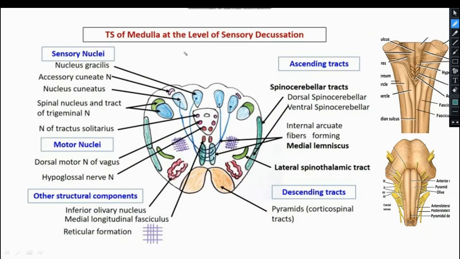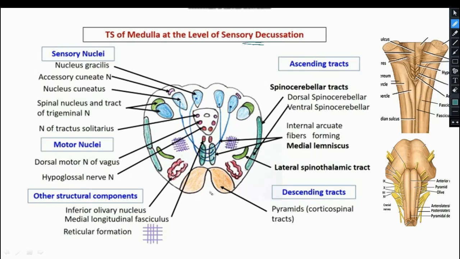This is the transverse section of the medulla at the level of sensory decussation. The sensory decussation is represented here. See, this is the point of sensory decussation. Now let's correlate these structures with the external features that we have already seen.